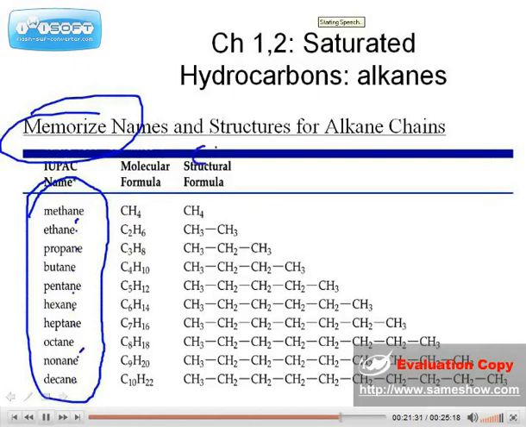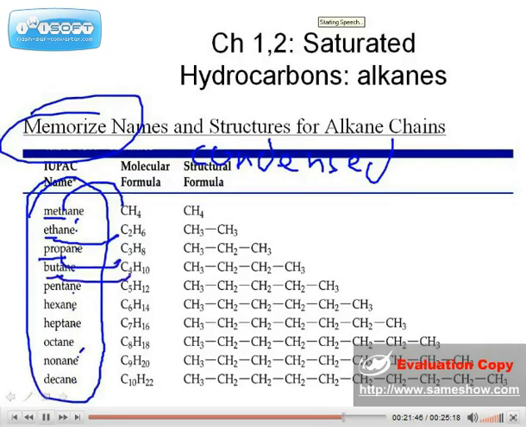Here is their condensed structural formula. First thing you need to memorize is meth is for 1 carbon, eth is for 2 carbons, prop is for 3 carbons, but is for 4 carbons. The easiest way to memorize this is memorize the number of carbons, then go ahead and draw the skeleton.